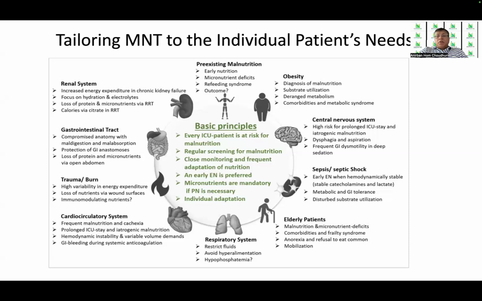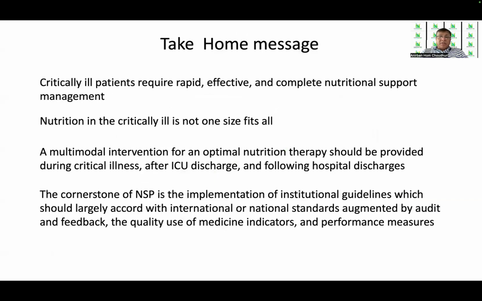In CNS conditions, there is a high risk for prolonged ICU stay and iatrogenic malnutrition, and dysphagia, aspiration risk, plus frequent GI dysmotility should be considered as significant deterrents. Likewise, other disease systems will also have a bearing on the patient's needs, and the nutritional therapy needs to be tailored according to those requirements.